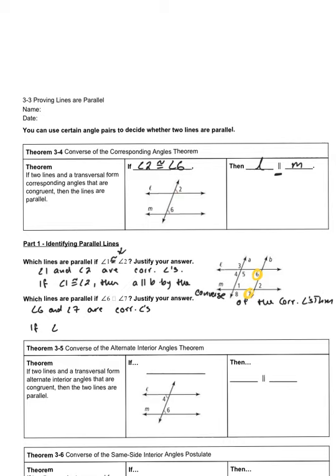And if angle 6 is congruent to angle 7, then line L is parallel to line M by the converse of the corresponding angles theorem. I'm not going to write all that out. But if 6 is congruent to 7, then line L and M are parallel, just because they are corresponding angles.